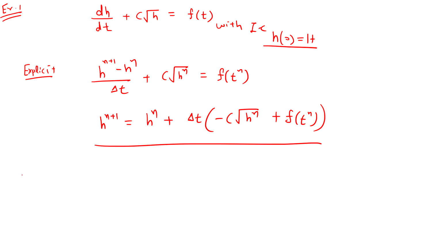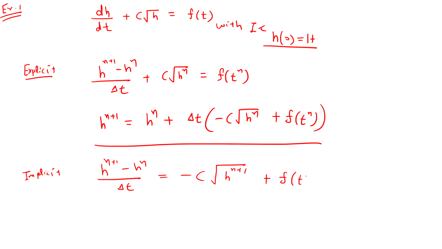Now let us come to implicit formulation. Implicit formulation says that (h^(n+1) minus h^n) divided by delta t would be nothing but minus c root h^(n+1) plus f of t^(n+1). Now here the problem is that we cannot combine this h^(n+1) with this h^(n+1). So there is no way.